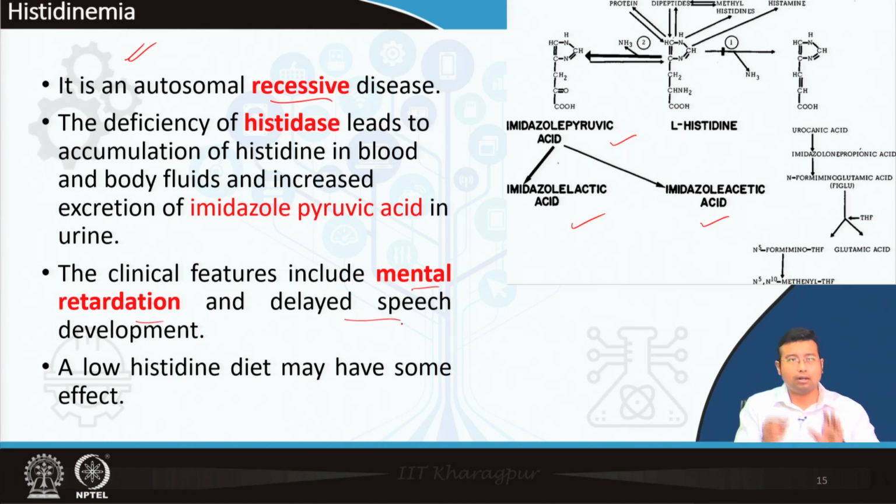All right. How can we prevent this? If we diagnose this disease, naturally we need to reduce the load of histidine in diet, right, and generally it may have some protective effect, right. But know this is an autosomal recessive disorder, it is not always expressed unless both the genes are recessive and homozygous. Okay. If you have studied phenylketonuria well enough, you can easily draw the analogy to this.